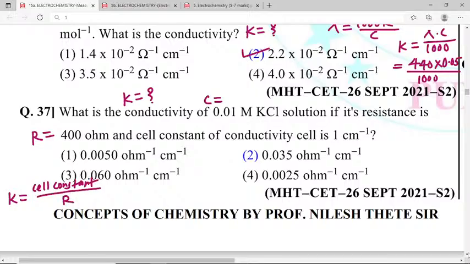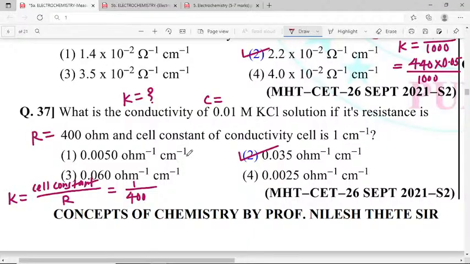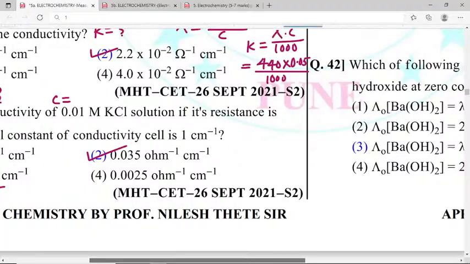What is the value of the cell constant? 1, divided by resistance, which is 400 ohm. 1 divided by 400. Please solve the question and we'll get the answer. The unit is per ohm per centimeter.